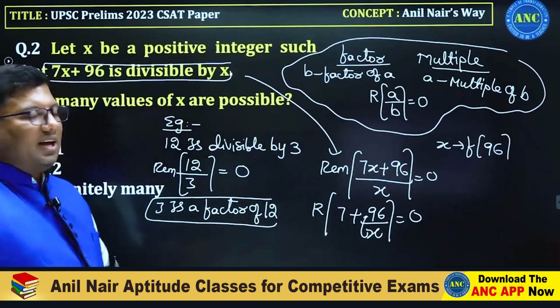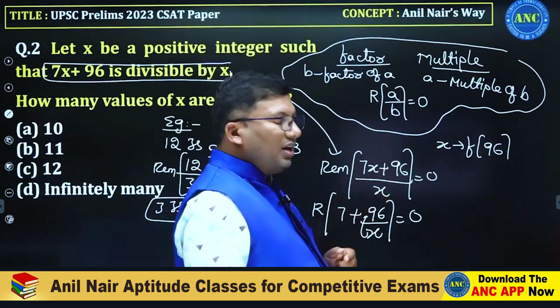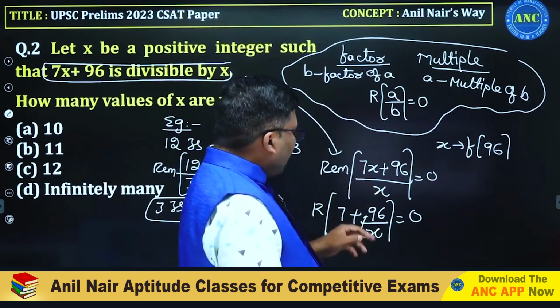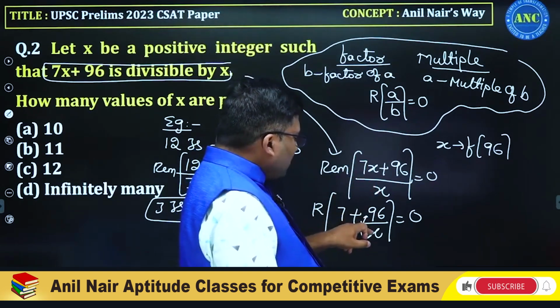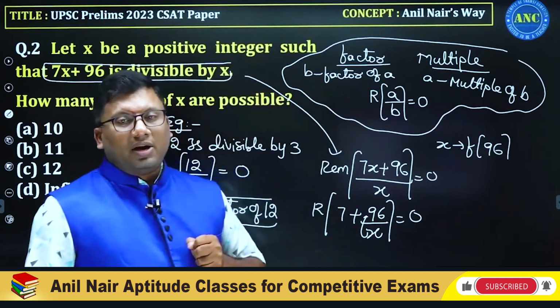I hope the idea is clear. This complete number is divisible by x, so x will get cancelled. If x is not a factor of 96, then I will not get a remainder 0.